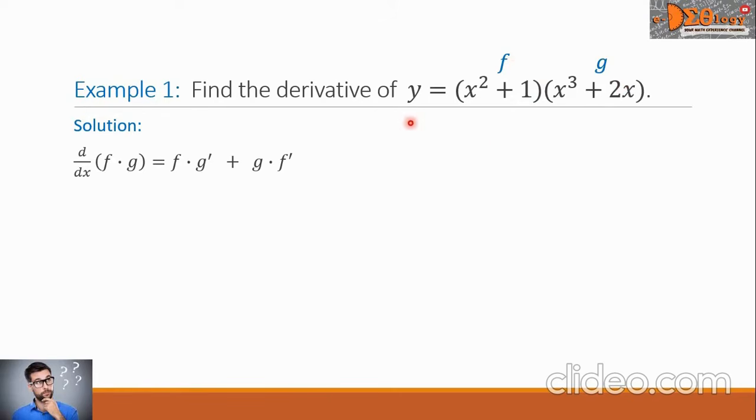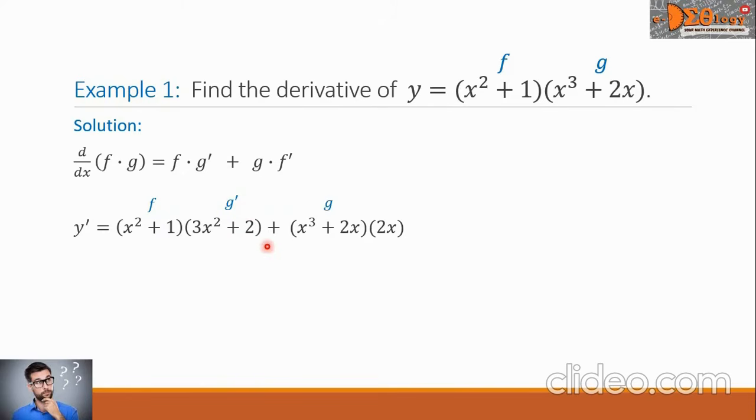For the derivative of y, we will have y prime equals, we copy f, the first function, that is x squared plus 1, multiplied by the derivative of the second function. So this is g prime, and we have here 3x squared plus 2.